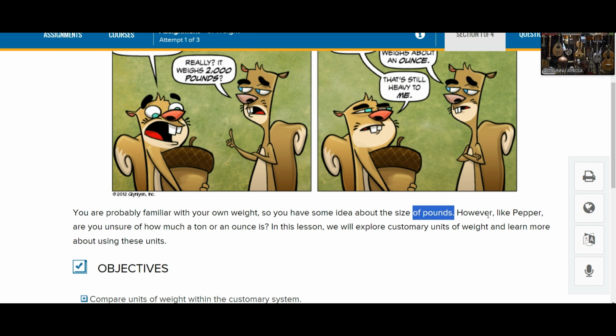However, are you sure or unsure of how much a ton or an ounce is? In this lesson, we will explore the customary units of weight and learn more about using these units.